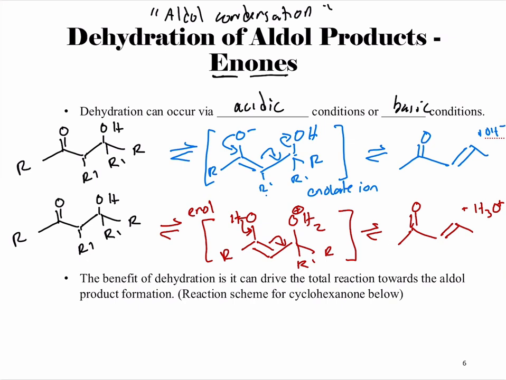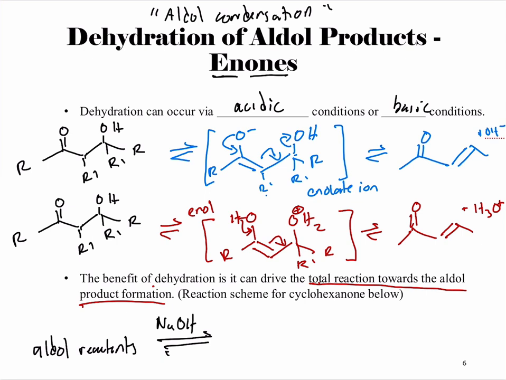And so the real benefit of doing this dehydration reaction is it can drive the total reaction towards the aldol product formation, right? So if you have your aldol reactants, you go through an aldol condensation step plus OEt, you're going to have your beta hydroxy ketone.